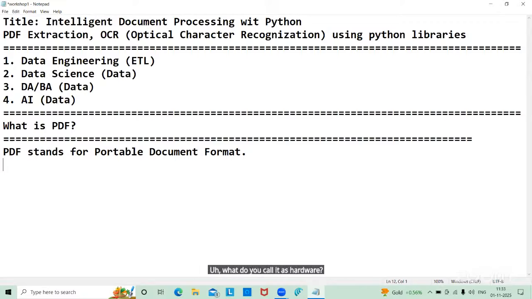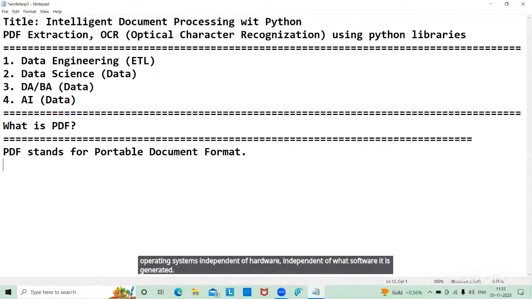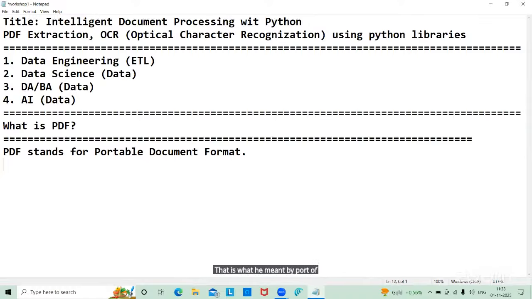It is portable across multiple operating systems, and it is portable across software. It is a document which is generated independent of operating systems, independent of hardware, independent of what software it is generated in. That is what you mean by portable.